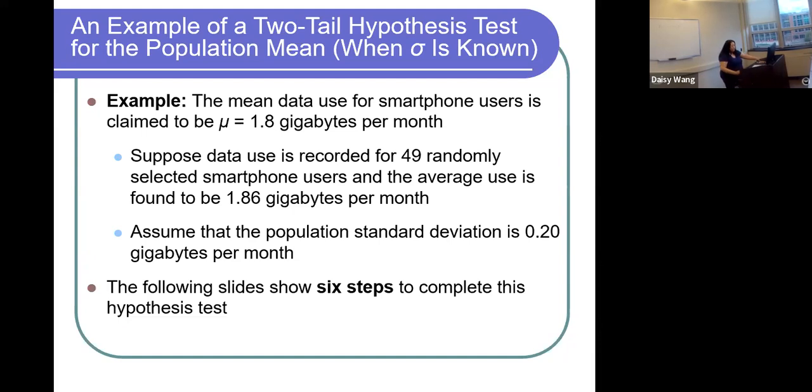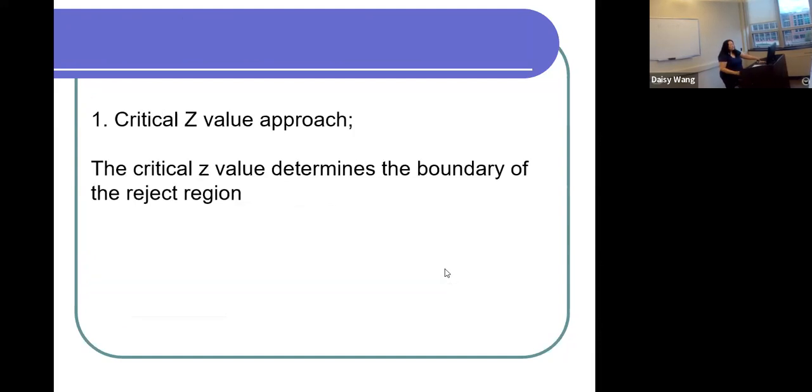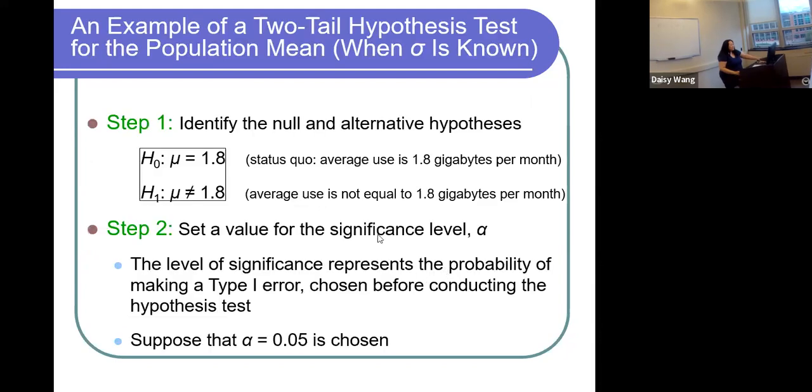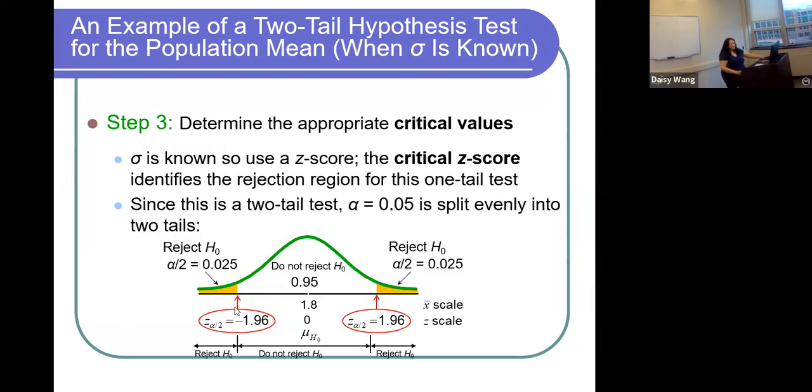So how do we look at the two tail? The two tail now is, so now mu equal to 1.8. Select this one, which side 0 to 1.